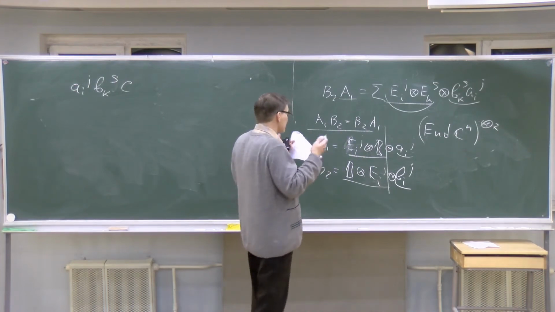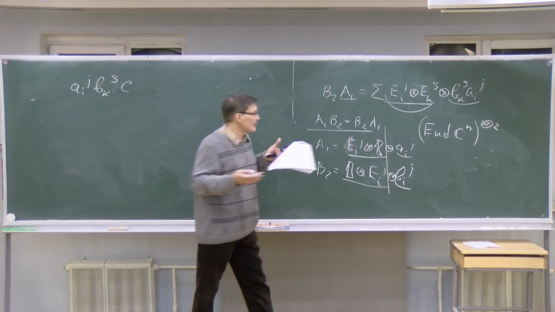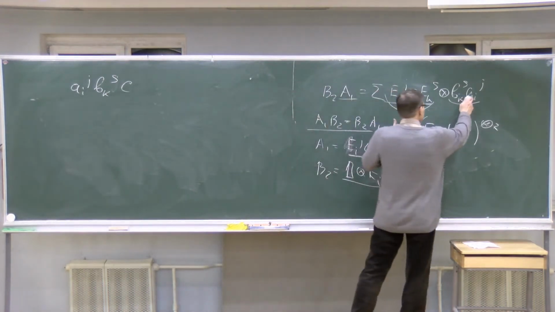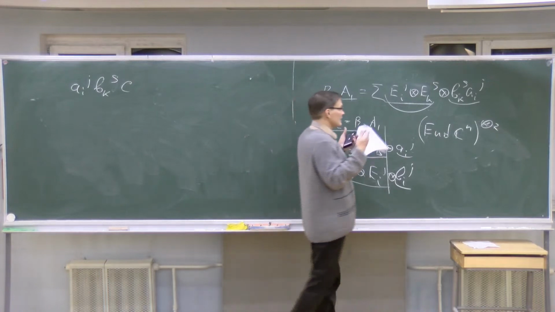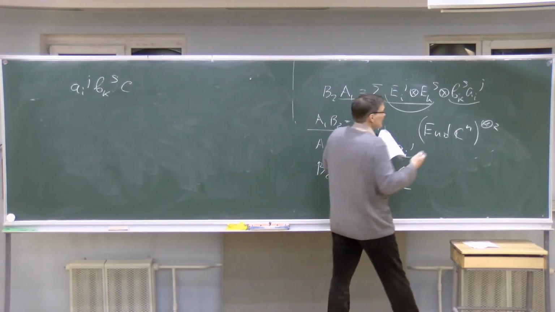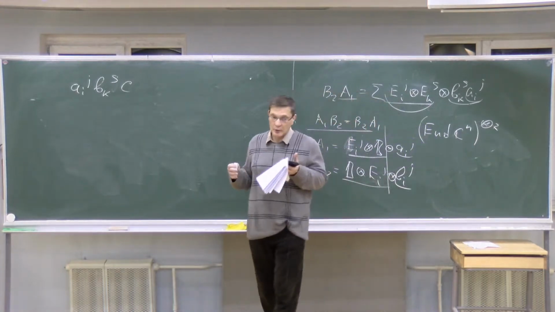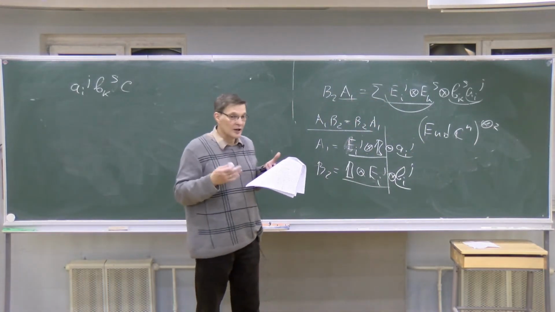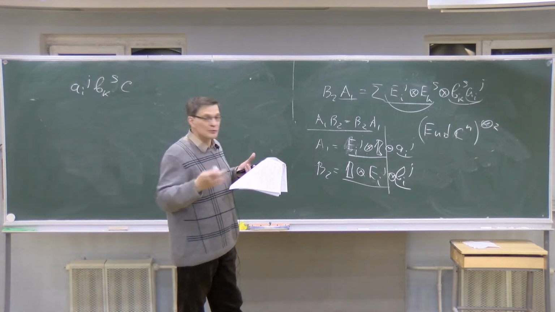And the precise definition, if you take some representation, then you'll get instead of this A some operator. But now we have some element of non-commutative associative algebra. All we can do is multiply these elements with each other.